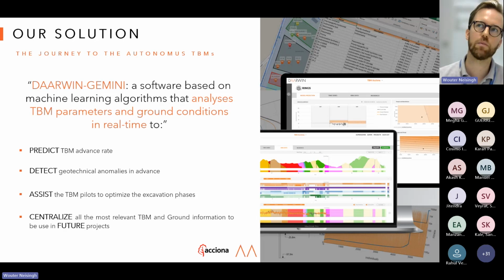So they have information at hand much earlier than they typically would. That means that it's also specifically a tool for those in the TBM operation team, either on the machine or, let's say, in an office or on site. What we're ultimately doing is working towards a platform to analyze different types of machines and different types of soil conditions.